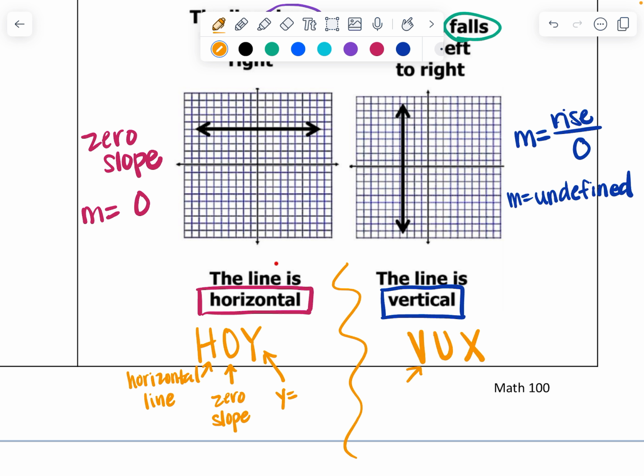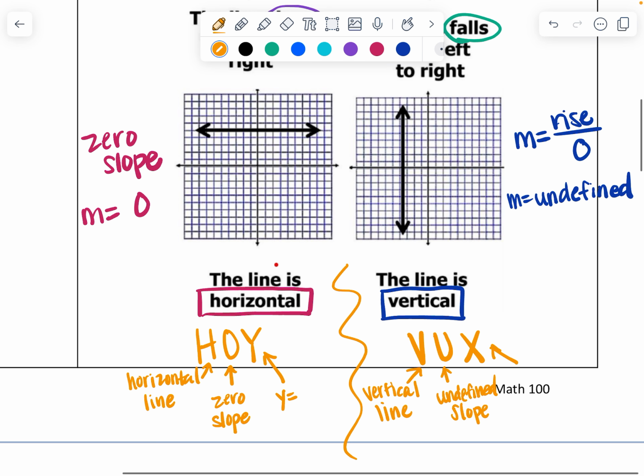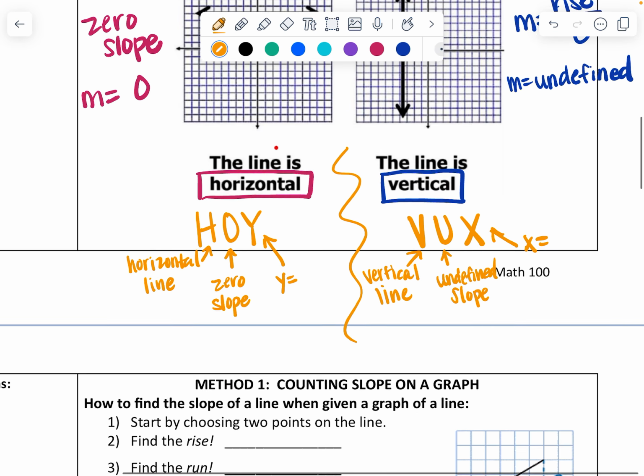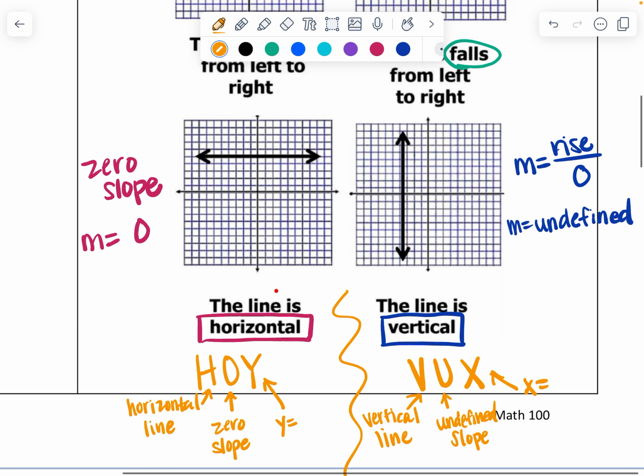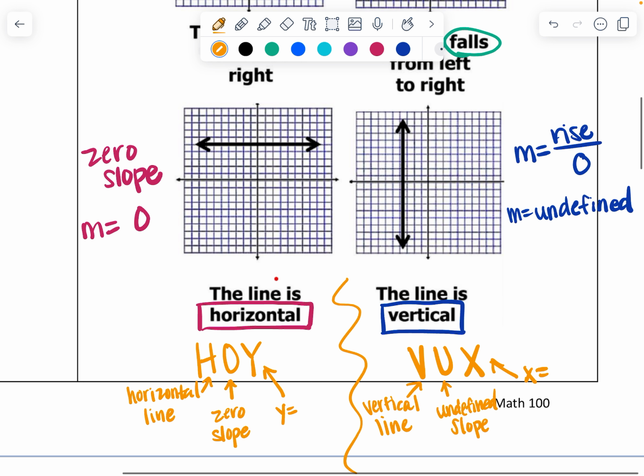This would be a vertical line with an undefined slope and that equation would start with x equals. We will go more into that in level 3 when we're graphing horizontal and vertical lines. But just remember for now that a horizontal line has a 0 slope and a vertical line has an undefined slope.